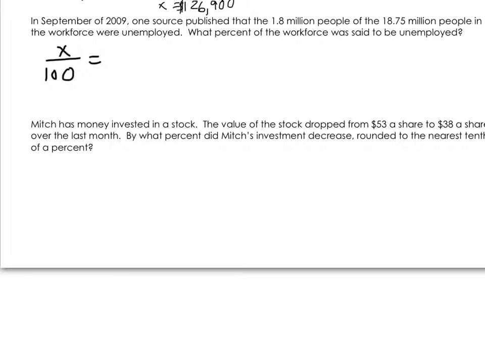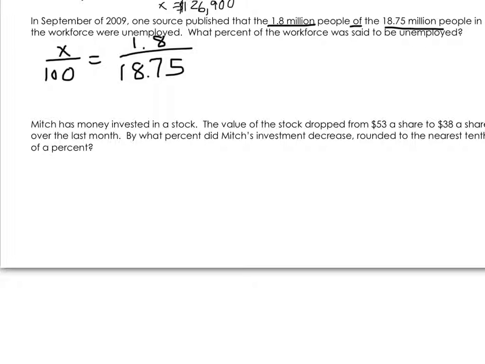The of number always follows of. So it's going to be 18.75. It's in millions, but so is the is number, so we don't really need the millions. Because they're both in the same measurement, we can just leave it as 1.8 and 18.75.